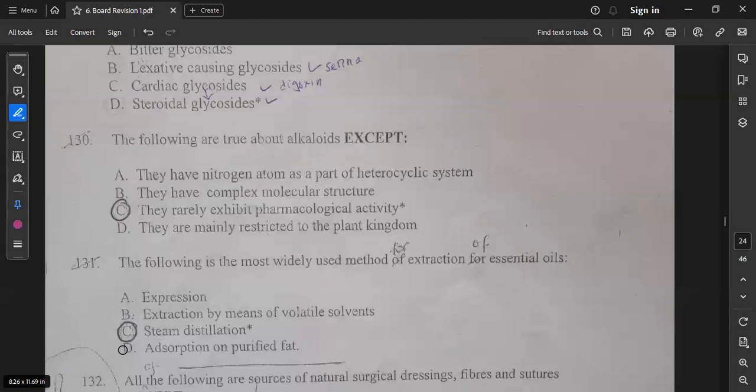Seriously? Yeah. Why not B? I remember from class. I honestly would have chosen B, but I don't know why. But okay, thank you. Steam distillation.